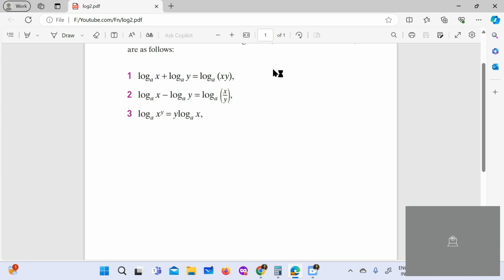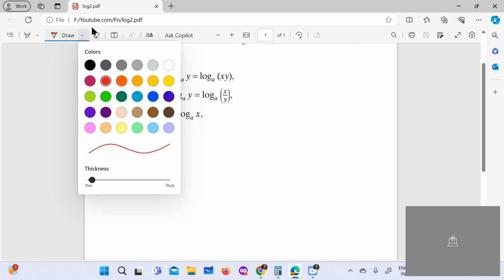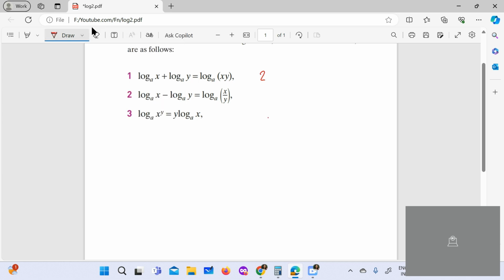Okay. So, suppose now your question is 3 log base 10 of x equals log base 10 of 2. Okay, how can we do this? Yeah, think over it.